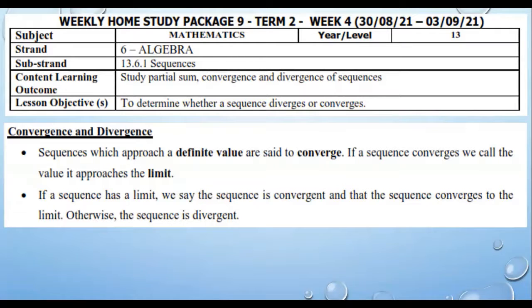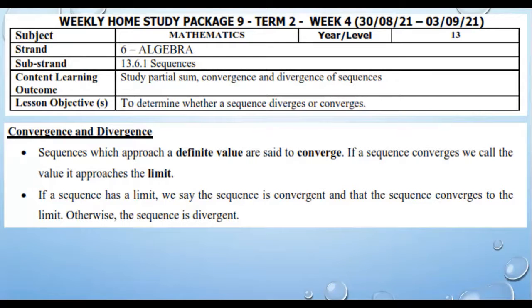So for example, if you're finding the limit and you are getting 0, 1, 2, or a negative answer, any answer apart from infinity, that is the value to which the sequence is converging. If the answer is 0, the sequence is converging to 0. If the answer is 1, the sequence is converging to 1. If the answer is negative 200, the sequence is converging to negative 200.